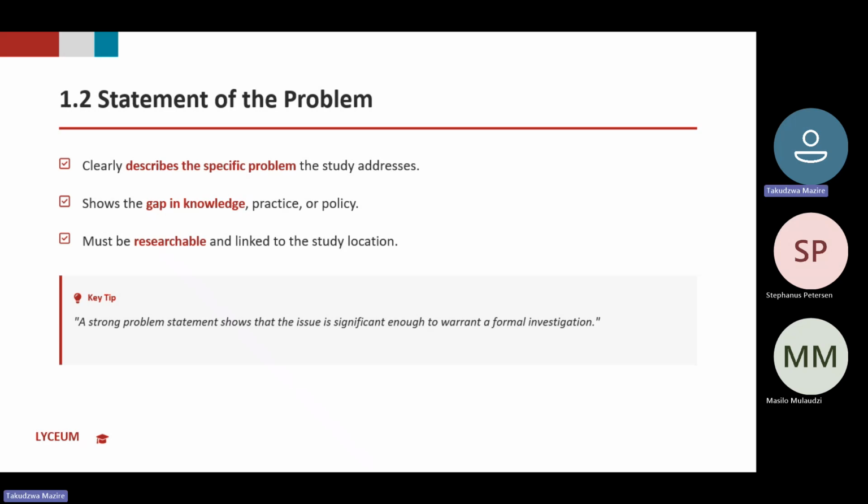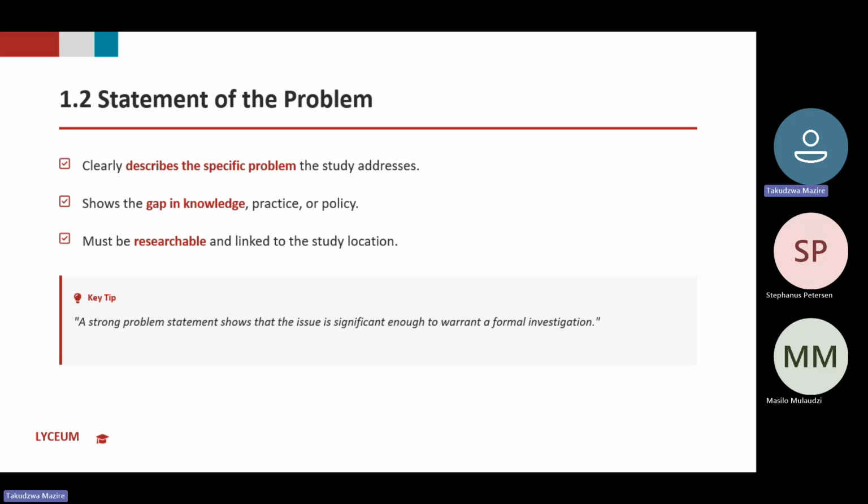If you are, let's say, in South Africa, perhaps that should also have an influence on your frame of reference, just to make sense from your own context, I believe. Now, a strong problem statement convinces your reader that the issue is significant enough to warrant a formal investigation or research.